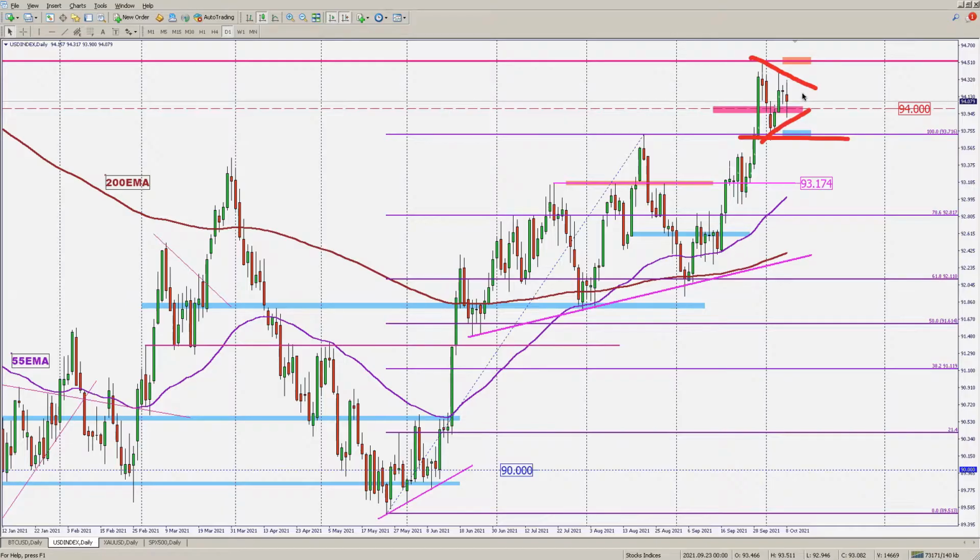So next week, it needs to try to either break out higher to test this resistance area, or if it weakens, its critical support here at this swing high. But unfortunately, it looks like it's consolidation mode for next week again.